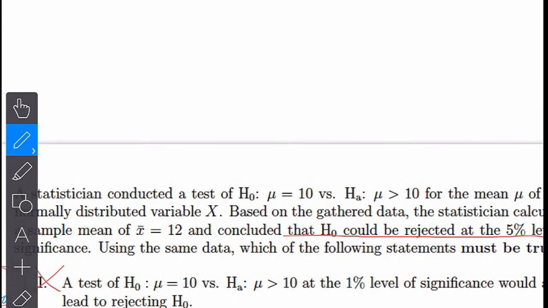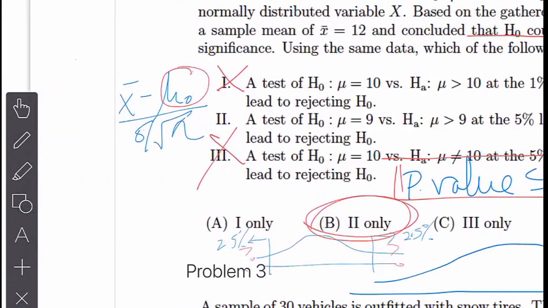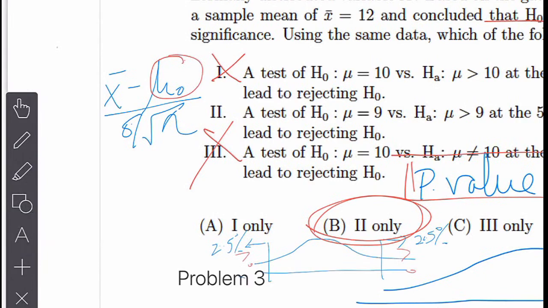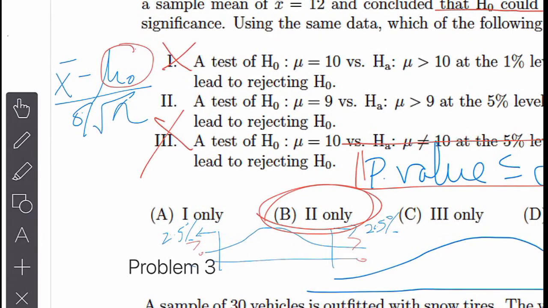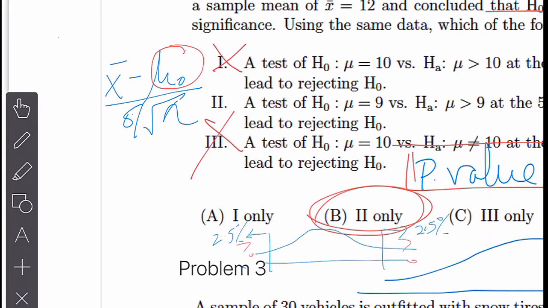It does say normal. Okay, so this is a z, assuming they gave me sigma. If they didn't give me sigma, then it would be a t. So I don't even know, so I'll just call this the test statistic. Remember, it's a statistic if you calculate it from the data.